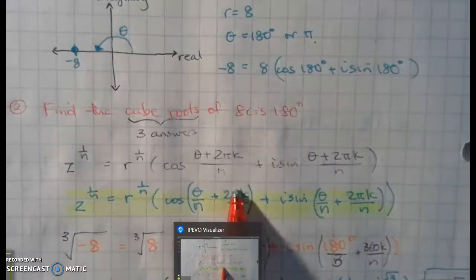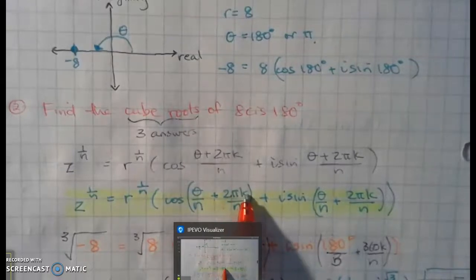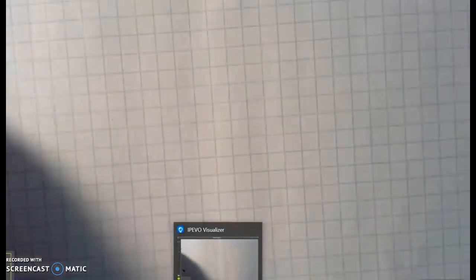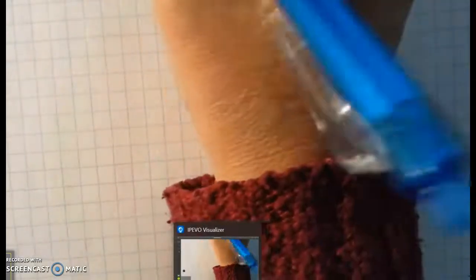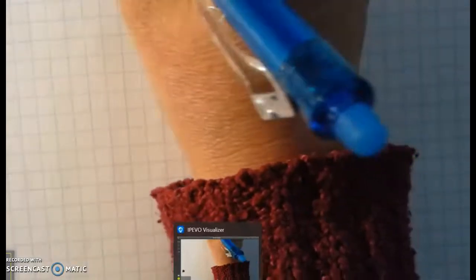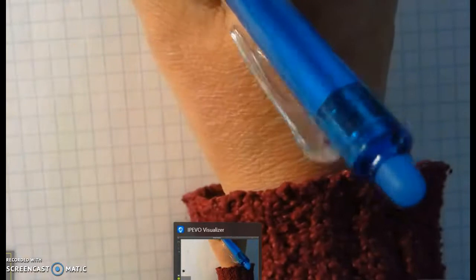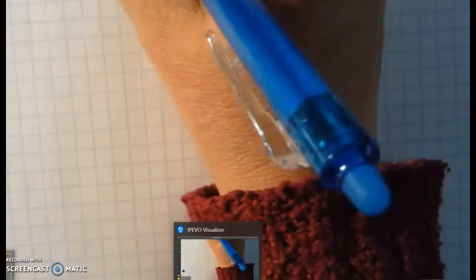And then instead of 2 pi, we can think of it as 360 degrees multiplied by k divided by n. So we have to take 64 to the power of 1/6.